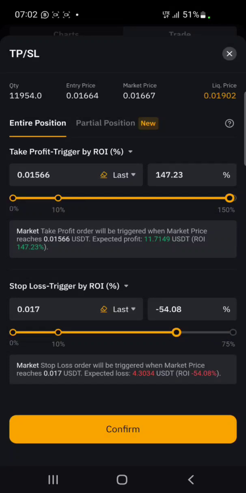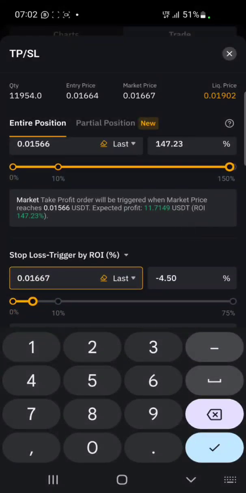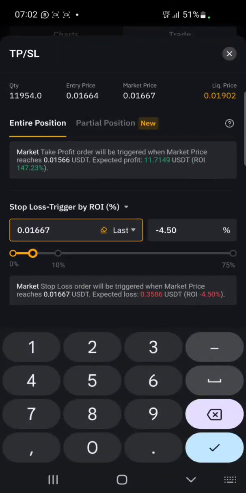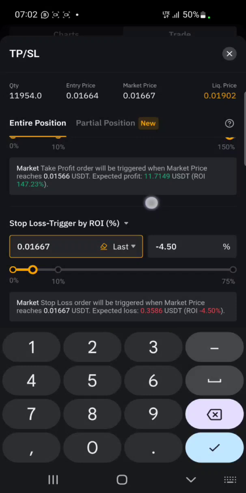Now the market price 0.01667, you move your stop loss here to 0.01667. With that, you already break even. This is only when you are in profit that you can do this.